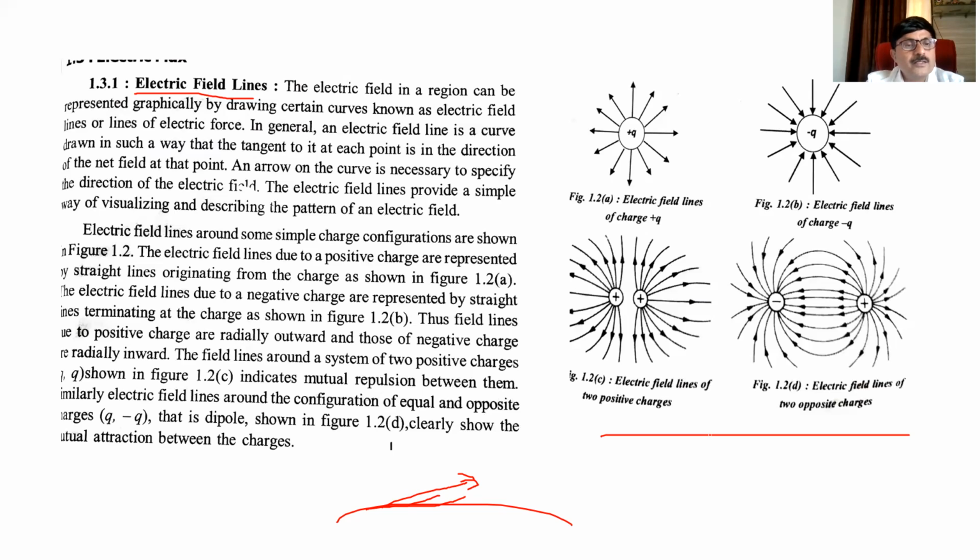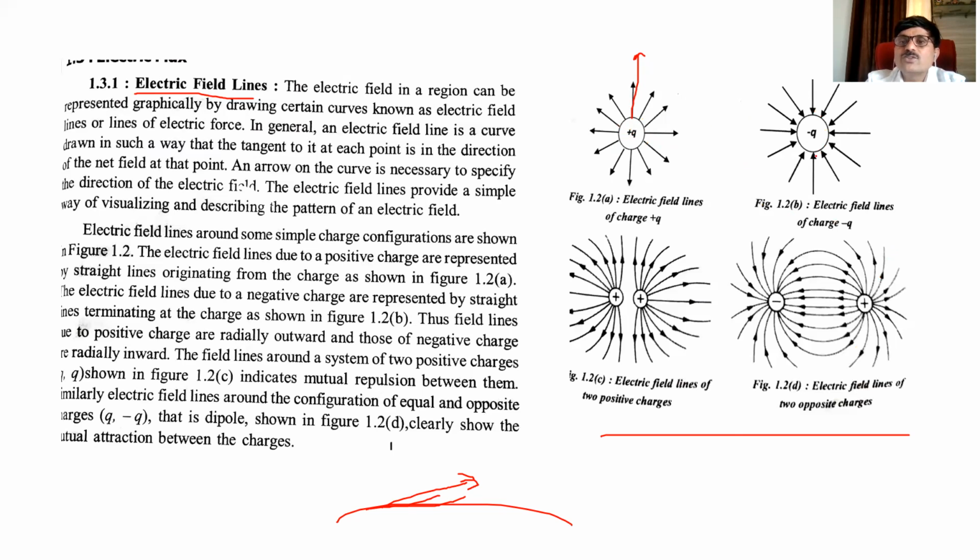They are represented by straight lines, originating from the charge and terminating at infinity. This is the positive charge, and the electric field lines originate from the charge and terminate towards infinity. All these are the electric field lines because of the positive charge.